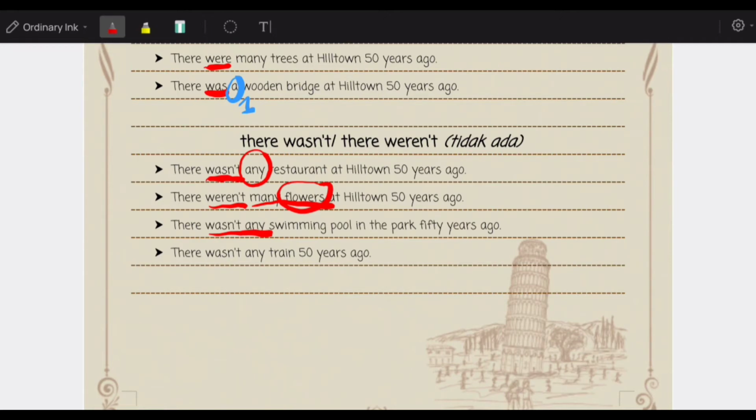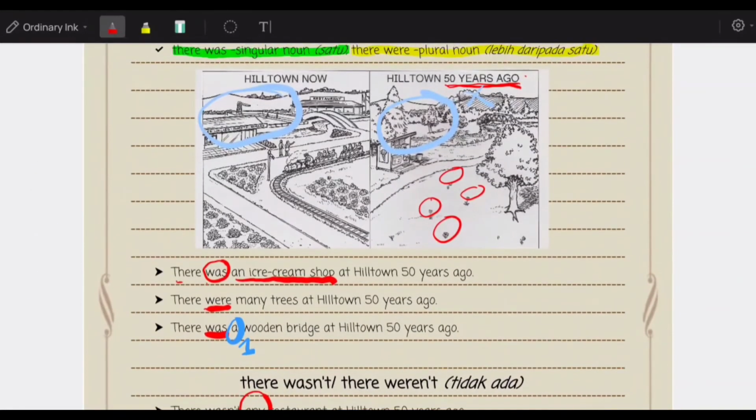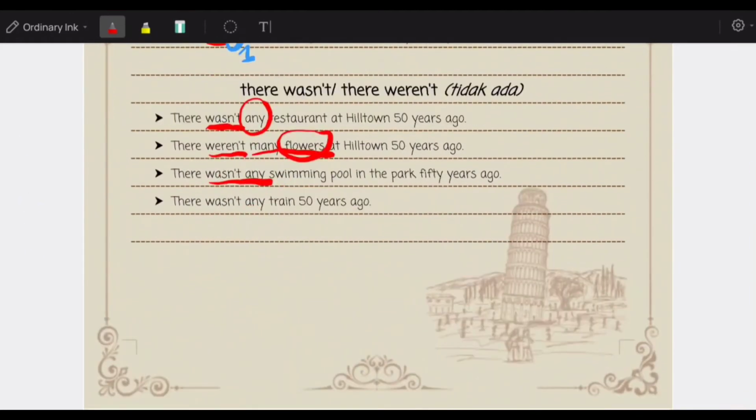Again, yang tiada dahulu apa? Yang tiada pada 50 tahun yang lepas. Yes, train. There's no train here. There wasn't any train 50 years ago. Selalunya any dan wasn't itu kawan baik.